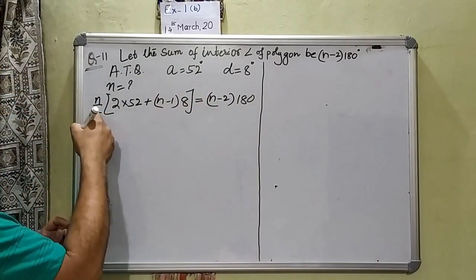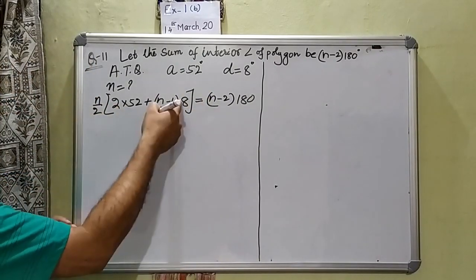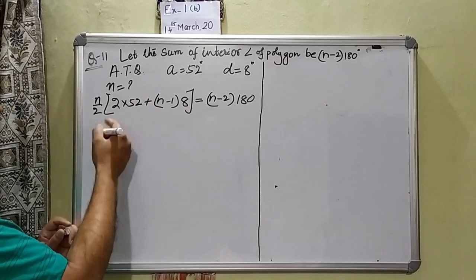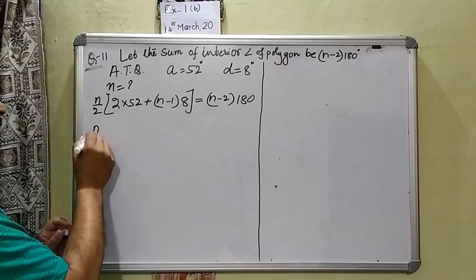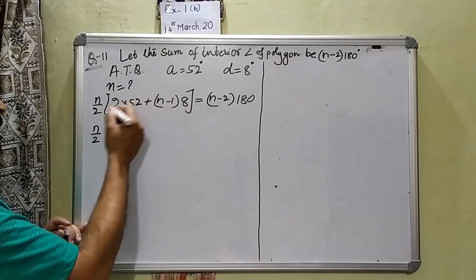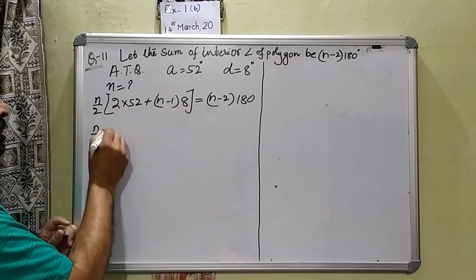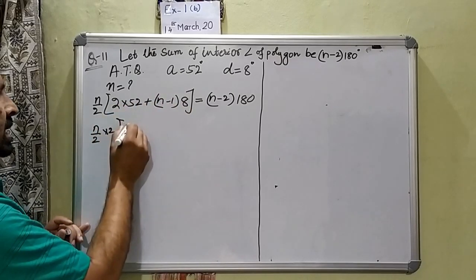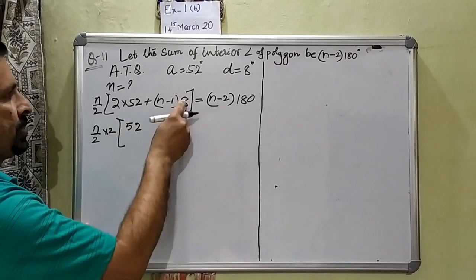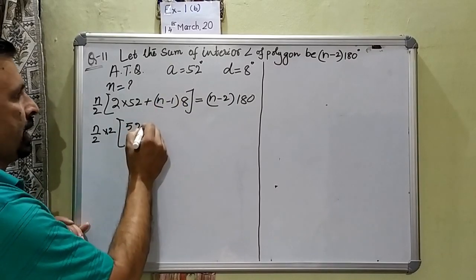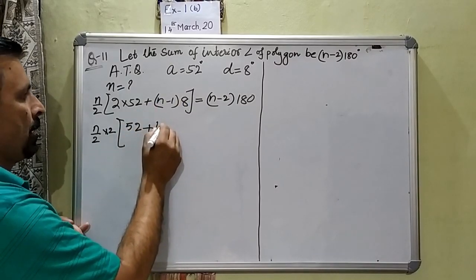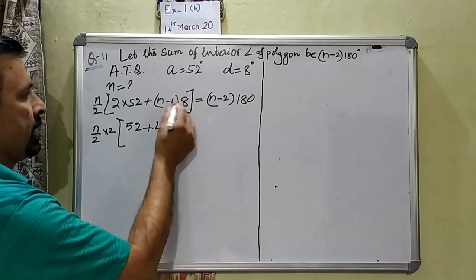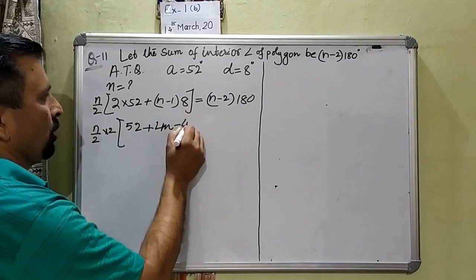First of all, we can take 2 common out, which will be easier. So n over 2, and then 2 comes out common from here. This becomes 2 into 26... as it is 52, and this becomes 4. So 4 into n is 4n, and this is 4 into 1, 4, minus 4.